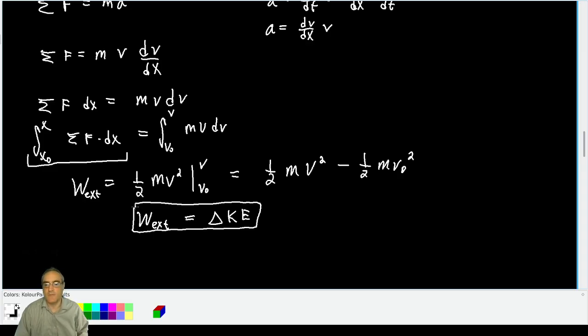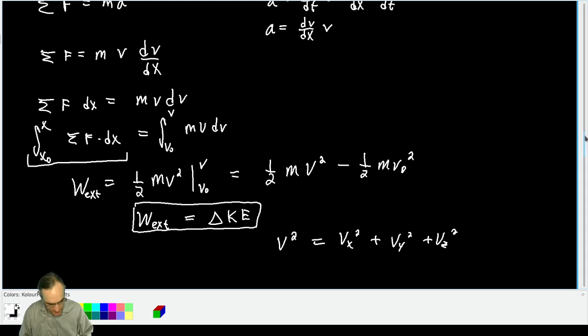And if you added all of the external works together in x, y, and z to get the total external work, then you'd be adding the other components together, and it will turn back into the same expression for kinetic energy because v squared is just equal to vx squared plus vy squared plus vz squared. So even if we split it into components, we can regenerate what we're used to, and we can regenerate it if we choose the definition of work that we've already talked about, where we're worried about the directions of the displacement versus the forces. All right.